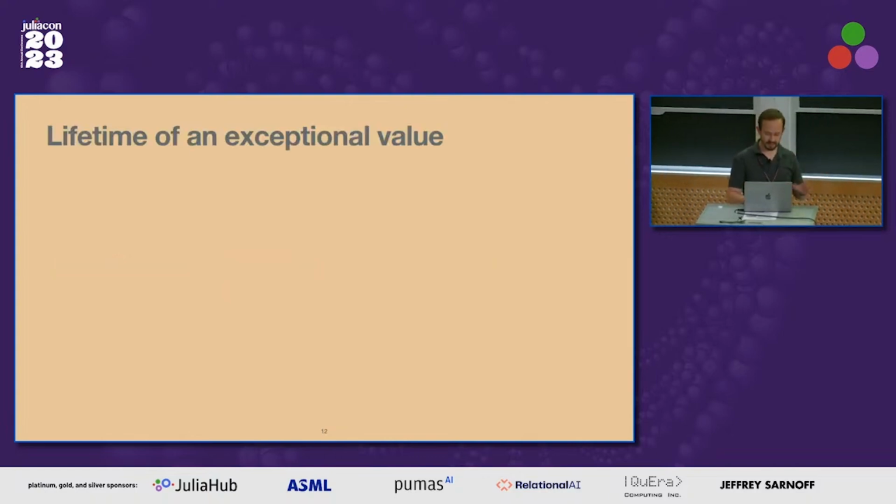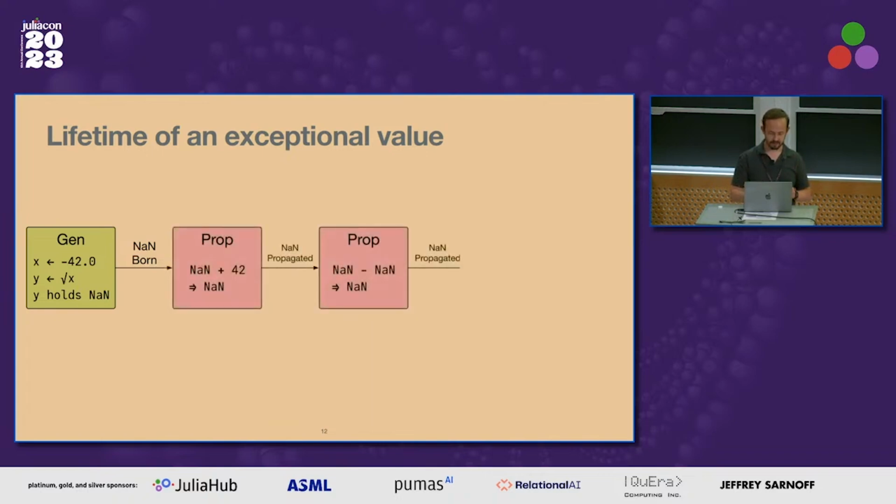At the beginning, we have gens, what we call gens or generations, when an exceptional value comes into being. Once an exceptional value has manifested, then the next phase of its life cycle is called a prop, or a propagation, where that value proceeds through operations, hopefully manifesting in the output like that hole that we saw earlier. And that's nice because we know that something's gone wrong, and we now have a clue that we should go back and try and figure out, find a problem and fix it.